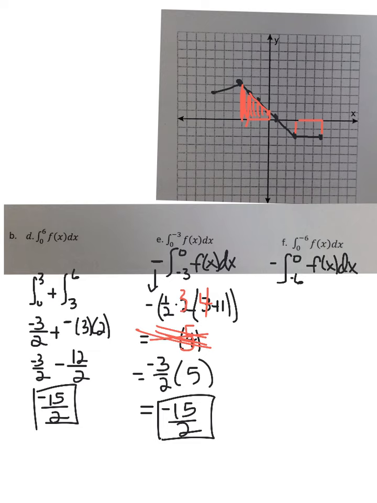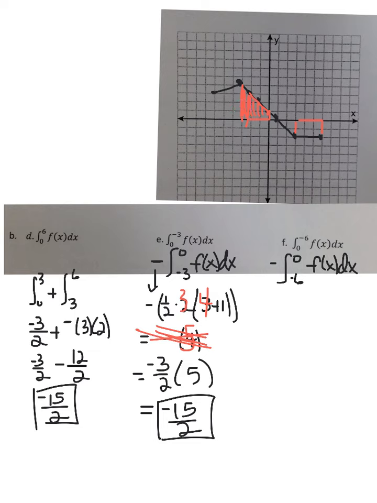So I've got right here, this is 1, 2, 3, 4, 5, 6. So basically, I just need to find the area of this space in here, because I already have the area from 0 to -3 right here.